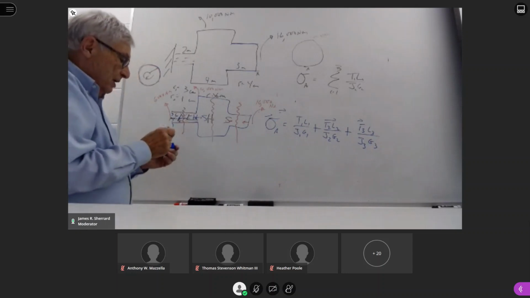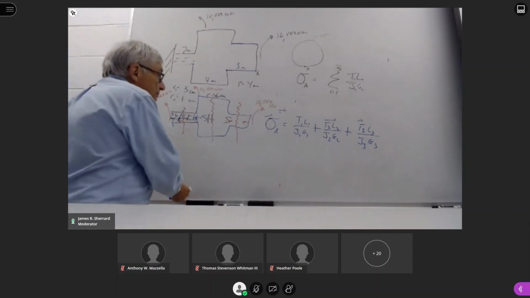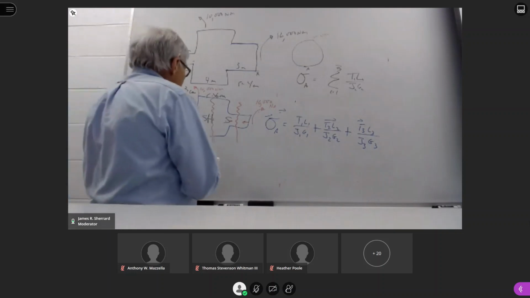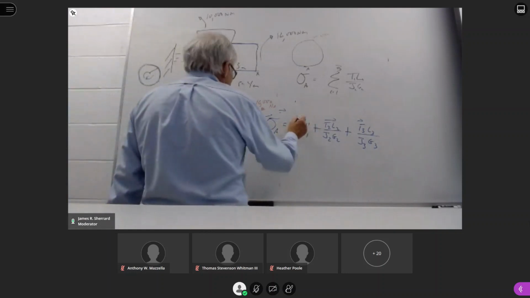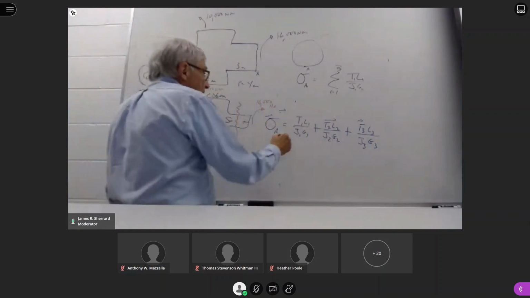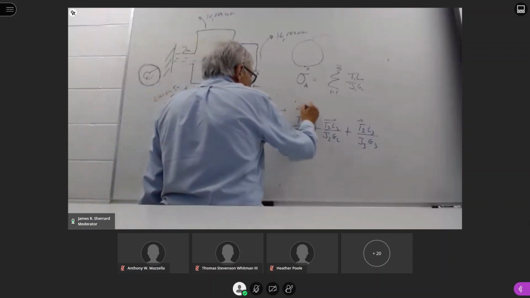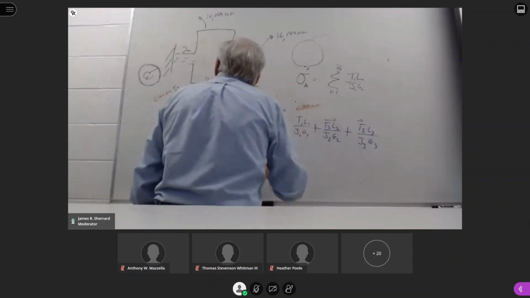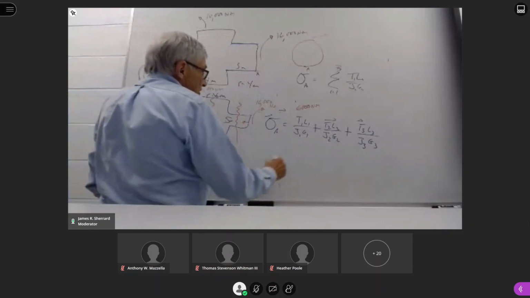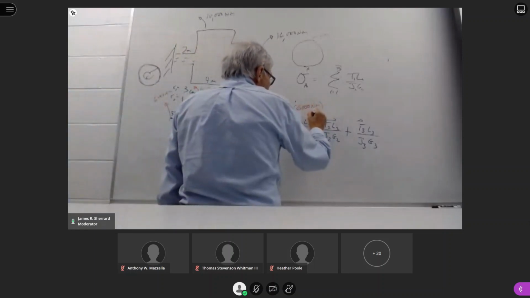Then I'm going to go and start to fill in values. The torque we had in the first section from our free body diagram was 6,000 Newton meters. My length for that section is 2 meters.